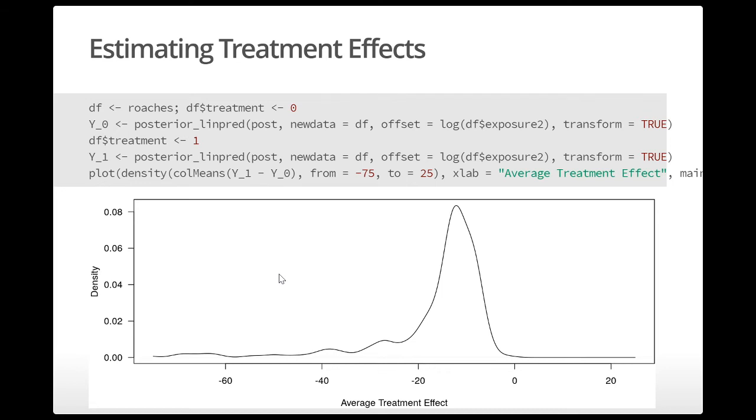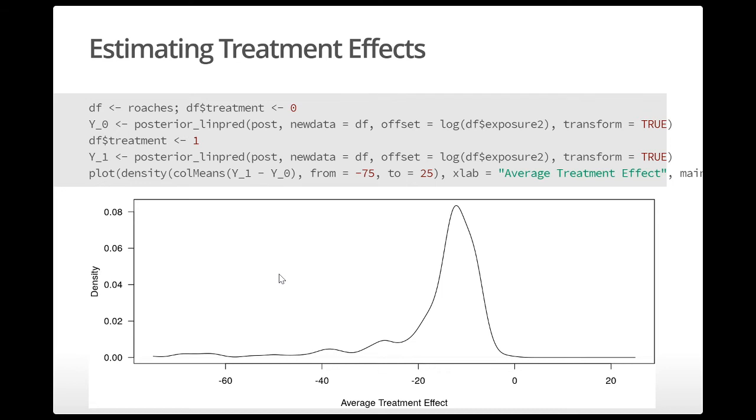I make a copy of my data frame roaches, and then I set treatment to be 0 for everybody. Calculate the posterior linpred. This gives me the posterior distribution of mu if every building were under the control group. We get essentially the posterior distribution of the potential outcome under control.